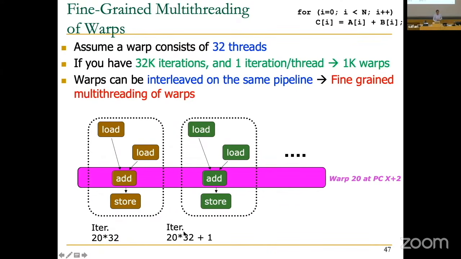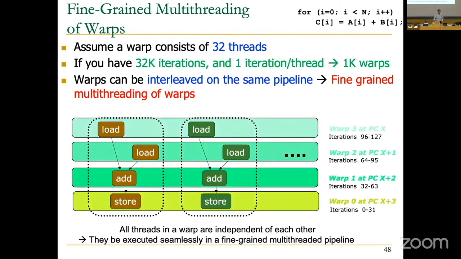Since it is at PC X plus 2, warp 20 should be executing the add in iterations 20 times 32 through 20 times 32 plus 31. All of those 32 iterations will be executed by this warp executing the add. Then this warp will move to the next instruction, which is the store.